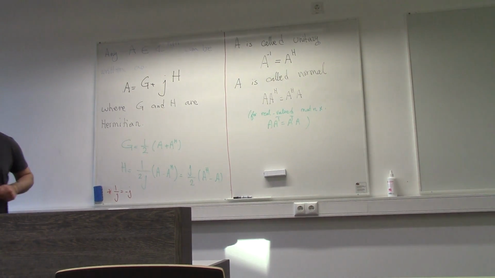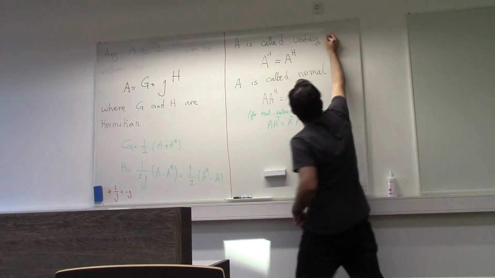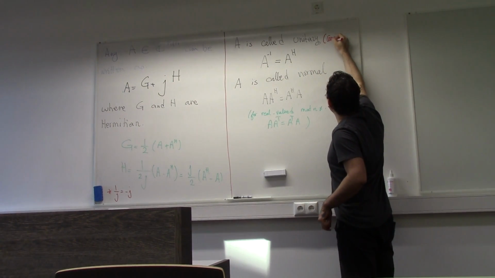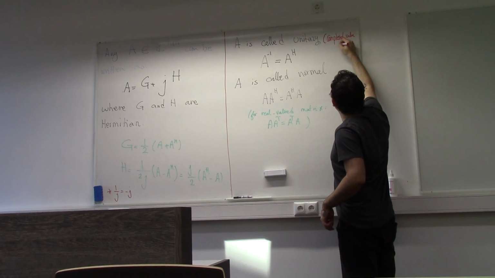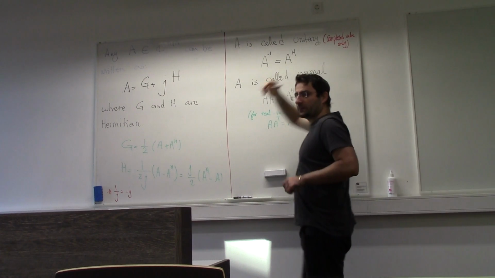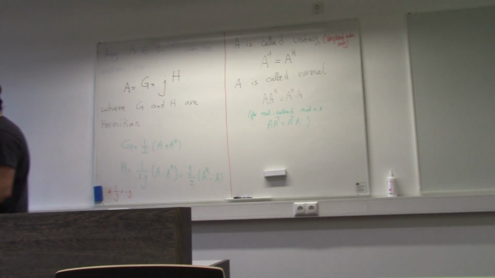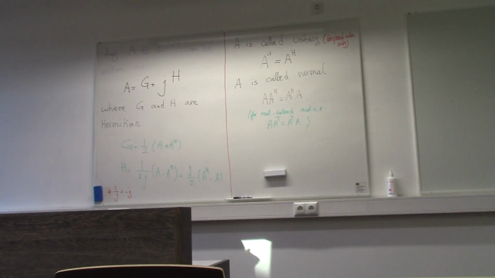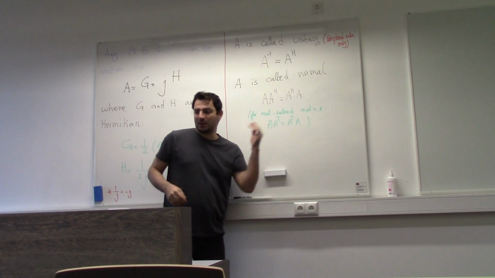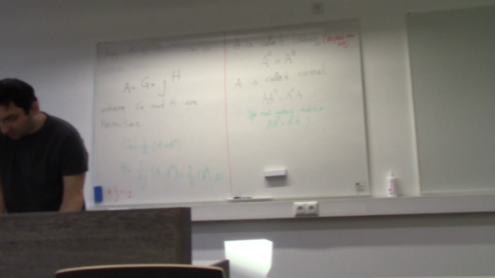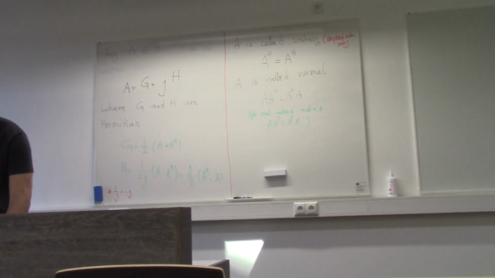It's defined only for complex values. We define unitary for complex values, but normal can be defined for real values as well. So let's see how we can use it.